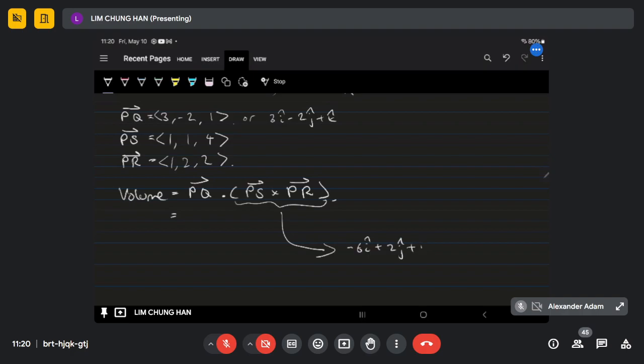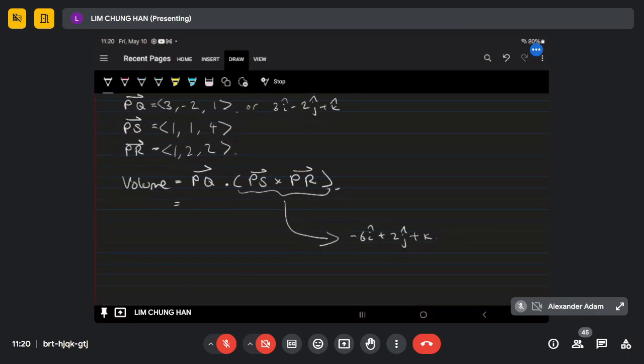Okay. So you can write it as negative 6, 2, and 1. Okay. So then you dot product PQ and this together.